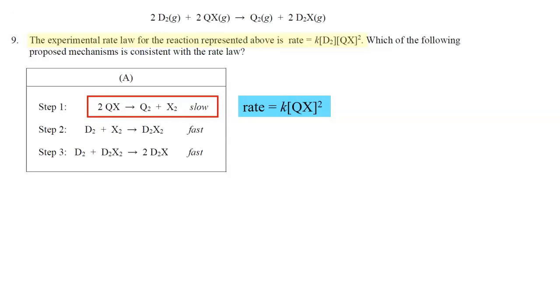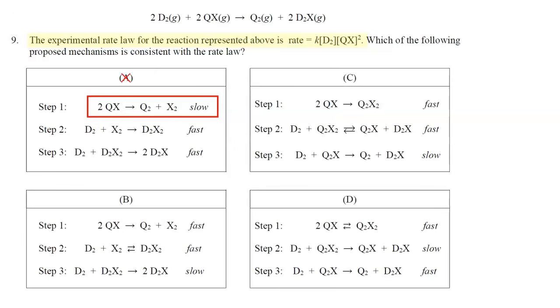So the rate law for the mechanism in choice A would be rate equals K times concentration of QX squared. In other words, second order with respect to QX. Now, since that rate law does not match the experimental rate law that we were given in this question, we can eliminate choice A.